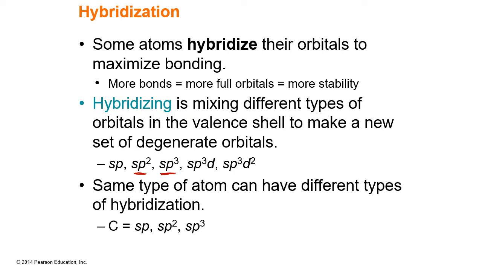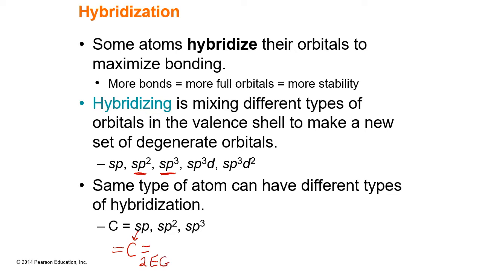So carbon can have 3 different types of hybridization. It can have sp, and that happens when we have 2 electron groups. There's different ways we could do that, but one example is 2 double bonds to carbon. This would be an sp hybridization because we have 2 electron groups around that carbon.